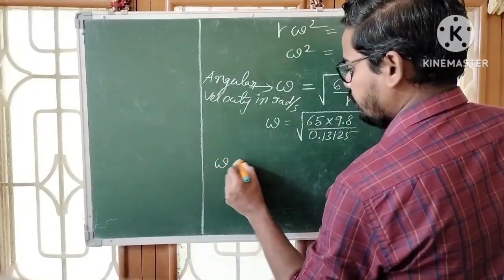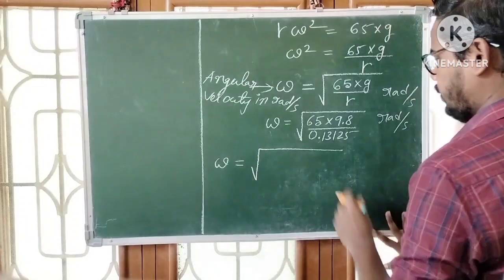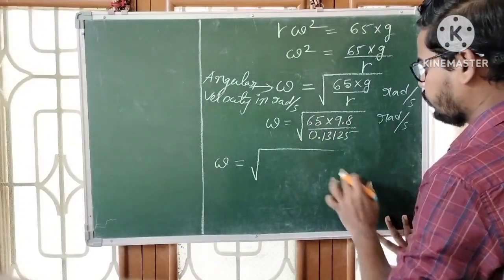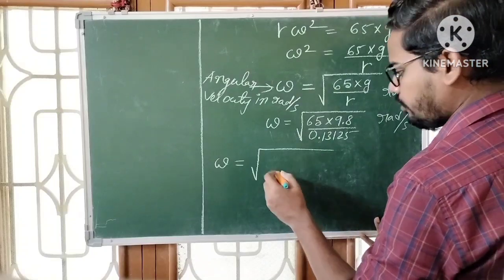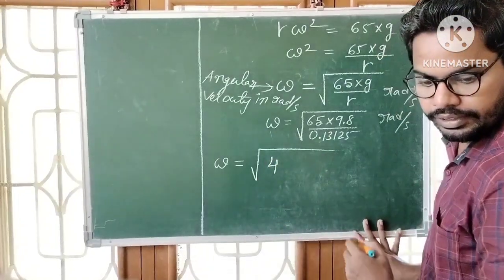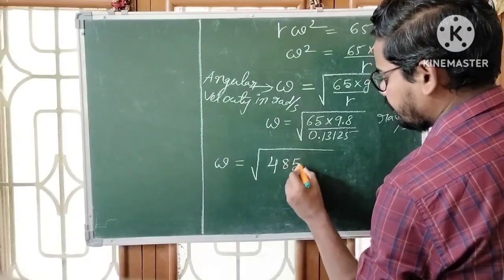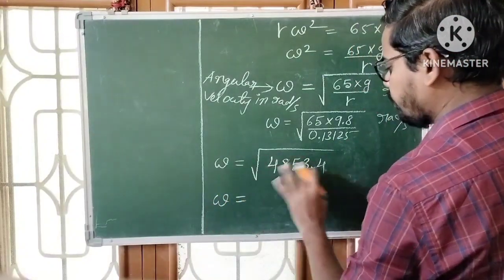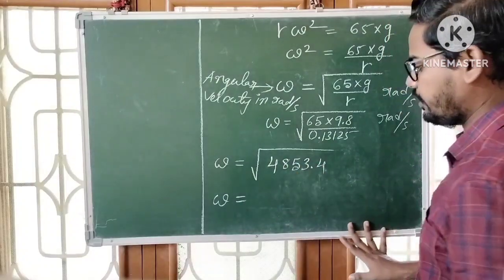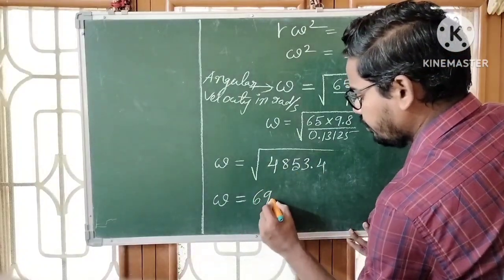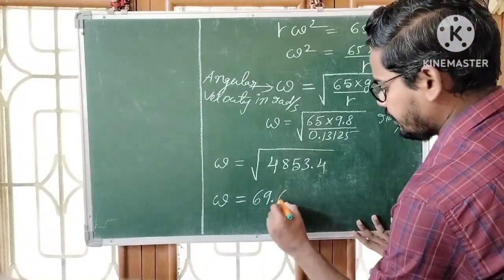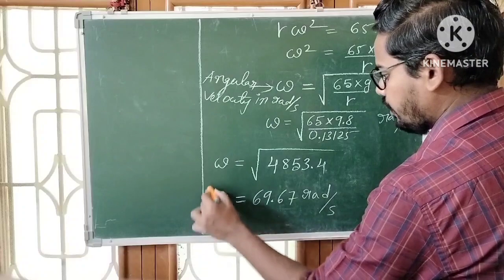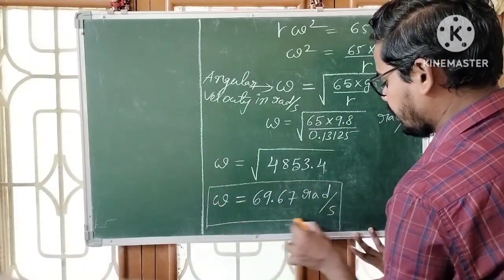If you find the value of 65 into 9.8 by 0.13125, you will get 4853.4. Now omega is equal to square root of 4853.4. You will get 69.67 radians per second. So angular velocity is equal to 69.67 radians per second.